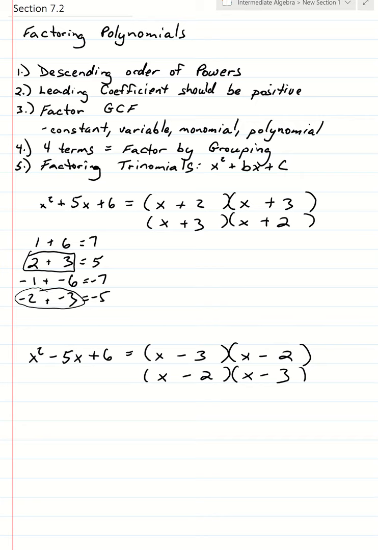Before we go any further, I want to just take a look at the signs, okay? Because certain signs will tell us what the signs have to be on the inside. Let's just take a look at the answers for a moment. What do we notice here in terms of the signs? Well, here we have a plus and a plus. In the second example, we have a minus and a minus.